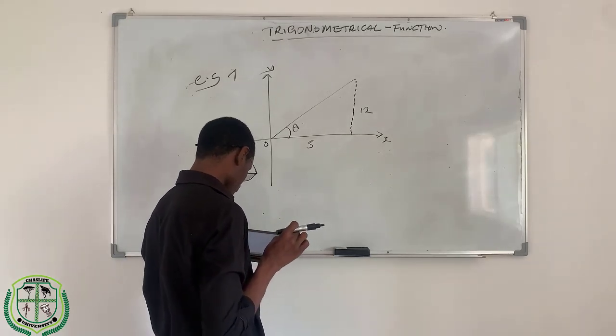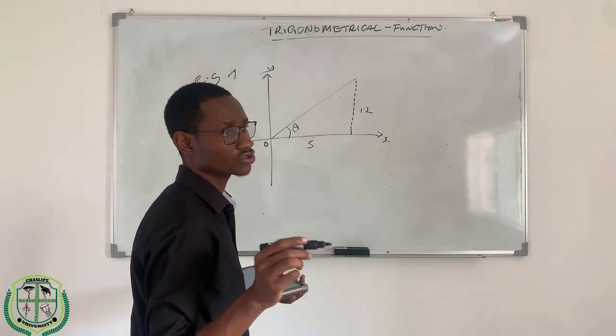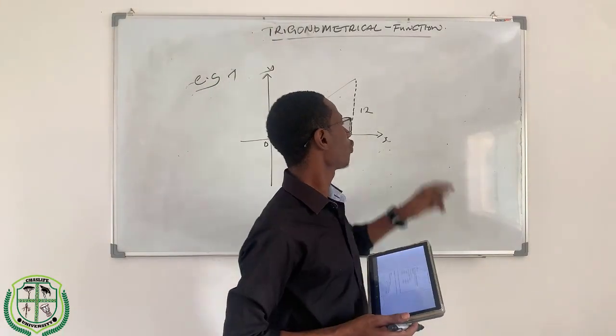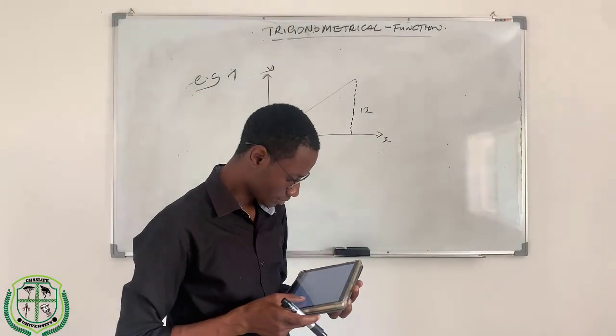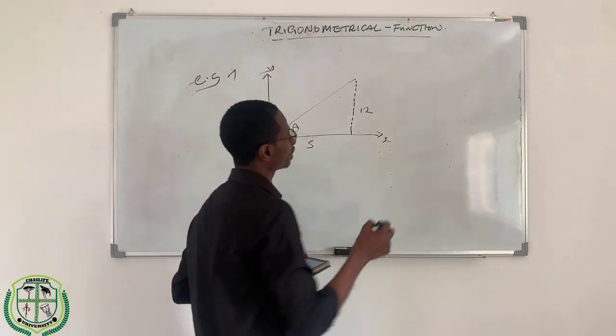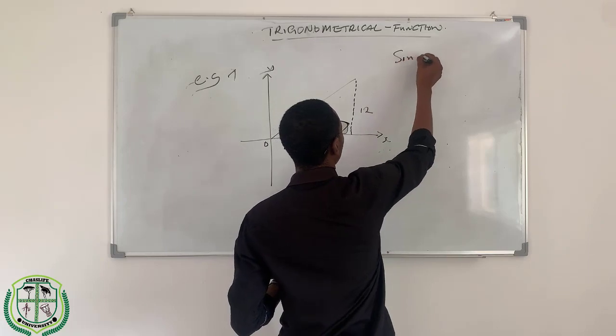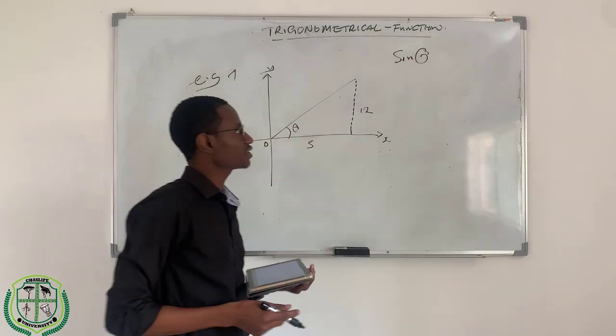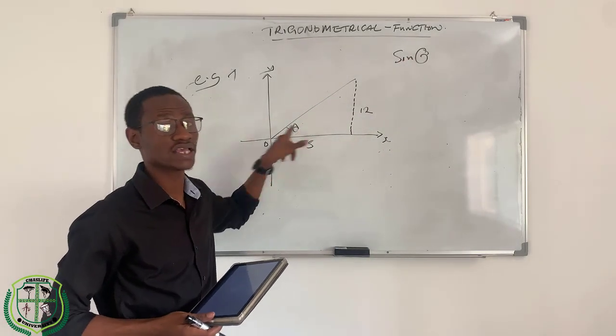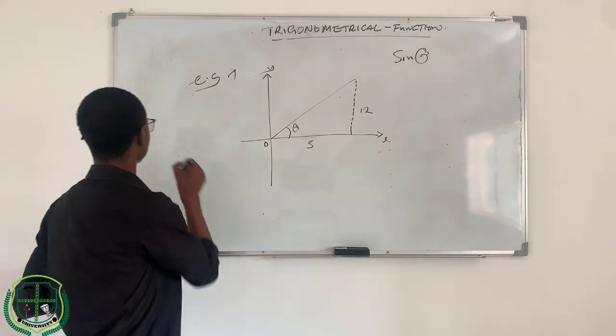Now, the trigonometric ratios of this angle, we have to now replace. Now, let's say sine theta, okay, sine theta, we want to find the theta. That's what we are saying.